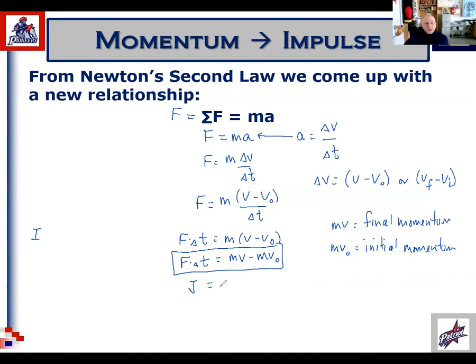But this is really the change in momentum, from final to initial. And this is what we call the impulse momentum theorem. This is the concept: the impulse equals the change in momentum. It's not impulse equals momentum, it equals the change in momentum, because you're applying an unbalanced force over a period of time.